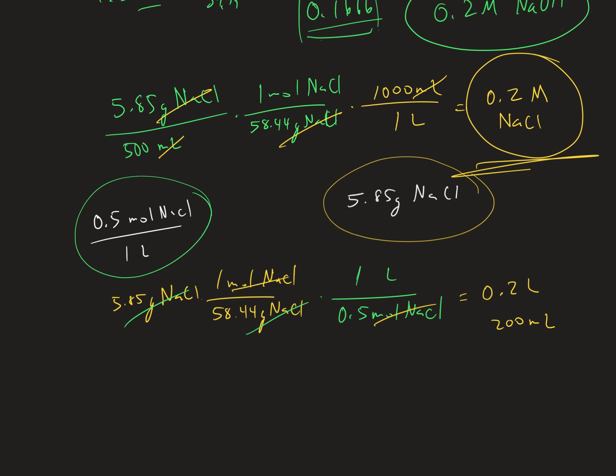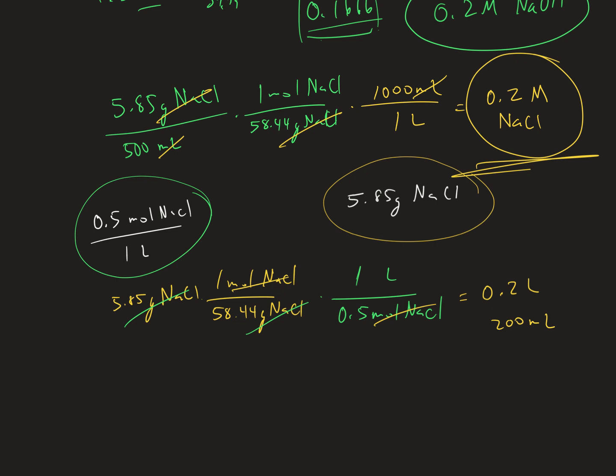Okay, how are we feeling? Yeah. We're finding moles first, and then we're. Could I have done that in a different order? Yeah. Sure. I think that's where I missed, because I didn't flip the. Yeah, and how do you know to flip it? Because if you didn't flip it, units wouldn't cancel out. So you got to make sure you write those units down to make sure the units cancel appropriately.